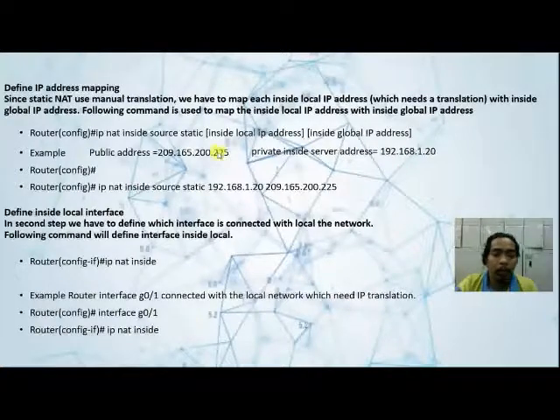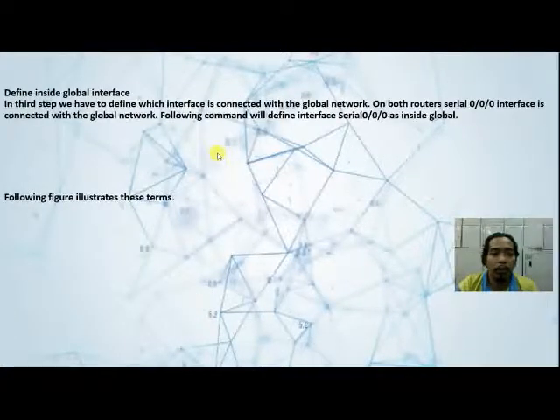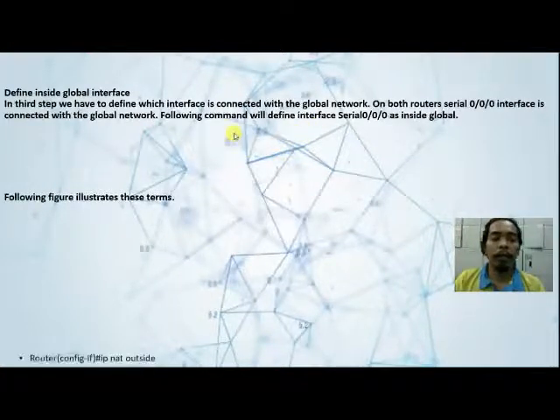Then we follow the third step, which is to define the inside global interface. Here we have to define which interface is connected to the global network. On our router, we have a serial interface which is connected to the global network. The command below is applied to define the inside global interface.